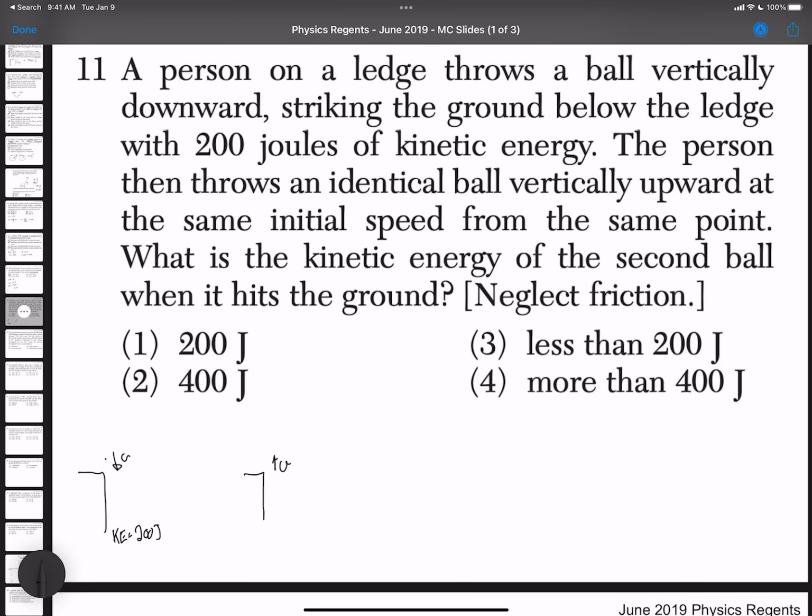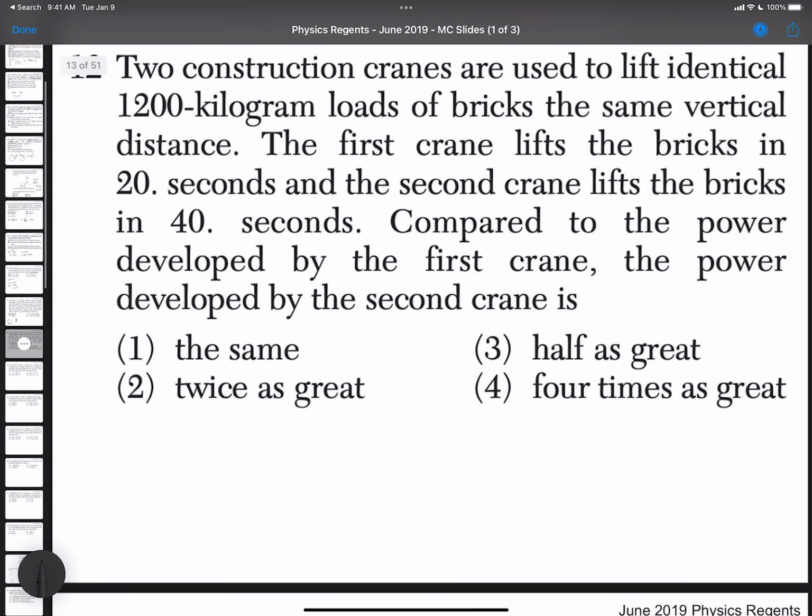And so even though the first ball will reach the bottom faster, versus the path that the second situation takes where it goes up and comes back down, because they start with the same initial energy, they travel the same distance, so they're going to have the same change in potential energy, and so therefore they will have the same final kinetic energy. Answer choice 1.